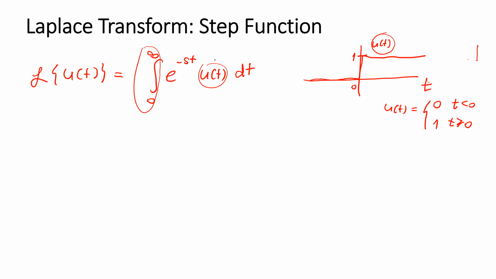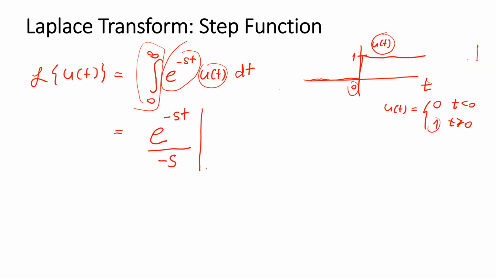So there is nothing here, because in the limit of the integral we consider only the positive region, where the unit step function with 0 time shift is 1. So we just need the integral of e to the power minus st dt, which is e to the power minus st divided by minus s, evaluated from t equal to 0 to t equal to infinity.